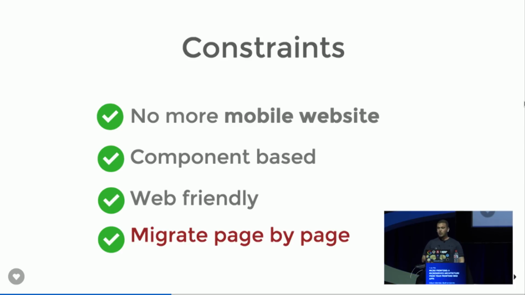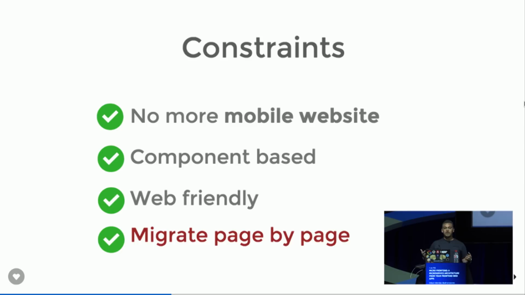And looking at some architecture, some ideas, some approaches, it should be something component-based, because right now, if we talk about front-end, if we talk about web applications, it's pretty much one of the good things that we can do, right? It should be web-friendly. Now we have different browsers. We have HTML5 APIs.